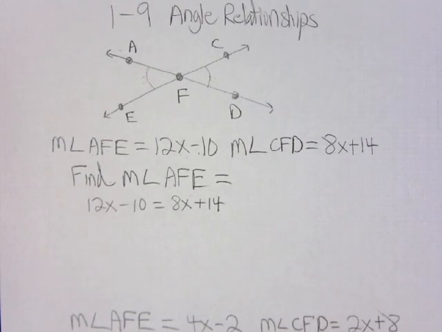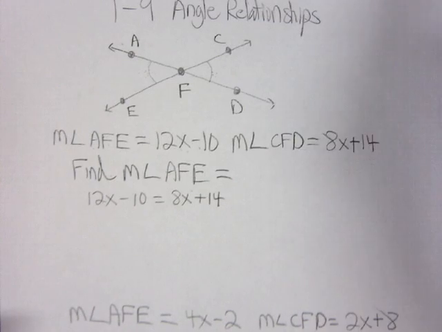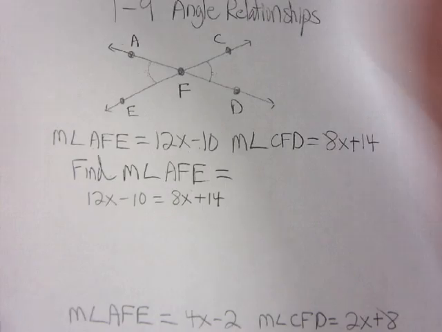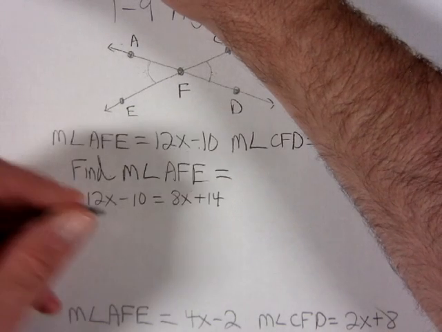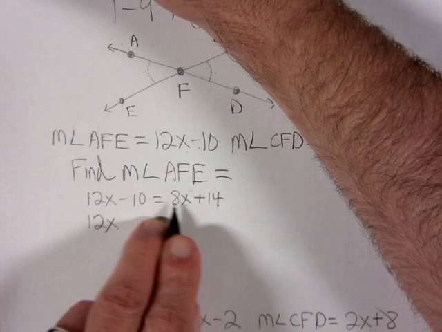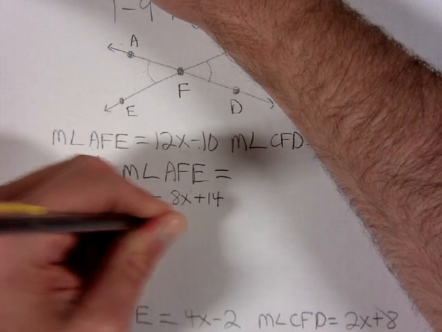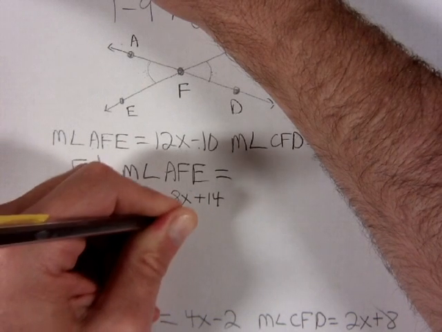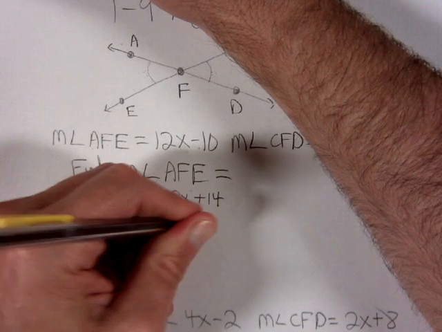All right? Now I've got an equation that I can solve for x. Remember earlier in this unit, we did a whole lesson on reviewing solving equations. I want all the x's on one side, the regular numbers on the other side. So the 12x will stay put. 8x will change from plus to minus. And 14 is staying here, and minus 10 will change to plus 10.